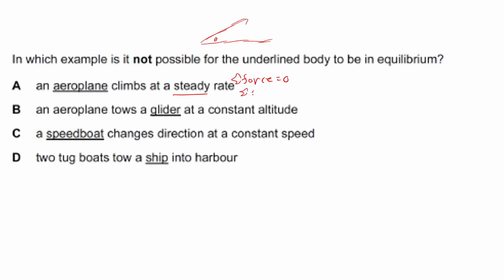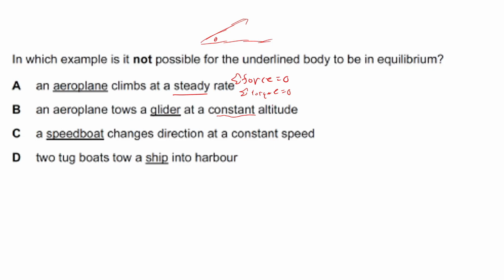So then the torque is also equal to 0. An aeroplane tows a glider at a constant altitude. At a constant altitude, this just assumes that it's moving at a constant speed as well. So then this can actually be in equilibrium.